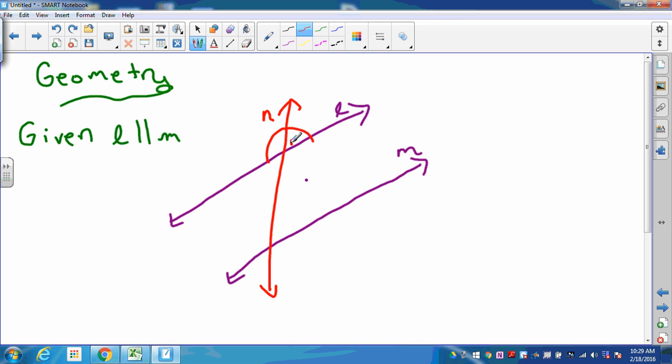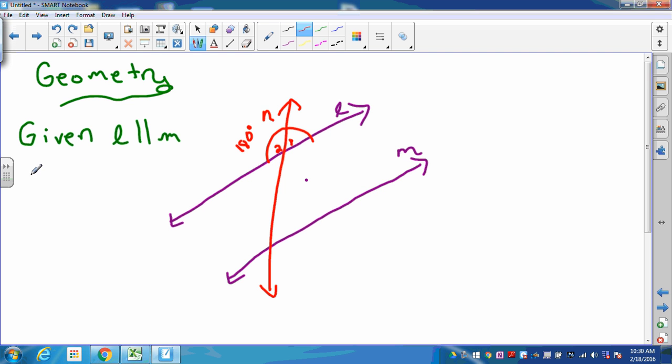So we're going to call this angle 1, and we're going to call this angle 2. If I add the angle measures for angle 1 and angle 2 together, that's going to give me 180 degrees. So if angle 1 plus angle 2 equal 180 degrees, we can say that those two angles are supplementary.